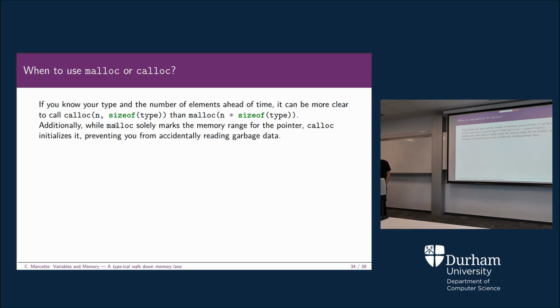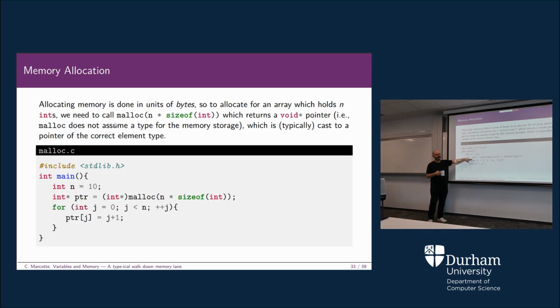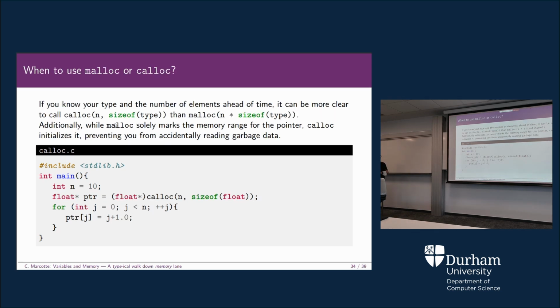Additionally, while malloc merely marks the memory range for the pointer, calloc initializes it, preventing you from accidentally reading garbage data. In that previous program, if we immediately started reading values out of the pointer before we got to this for loop and actually put things in there, we'd just be reading garbage data, whatever that memory happened to hold when we got it.